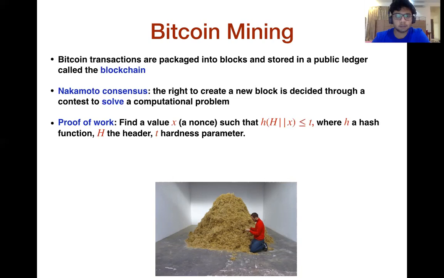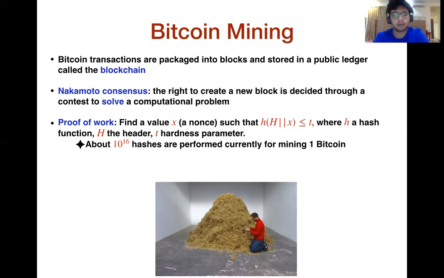This t is fixed so as to fix the hardness of this network. For example, currently one needs to do about 10 to the power of 16 hashes to mine one Bitcoin. So the background picture that should be kept in mind is that one has to search for a marked item in a very large database.